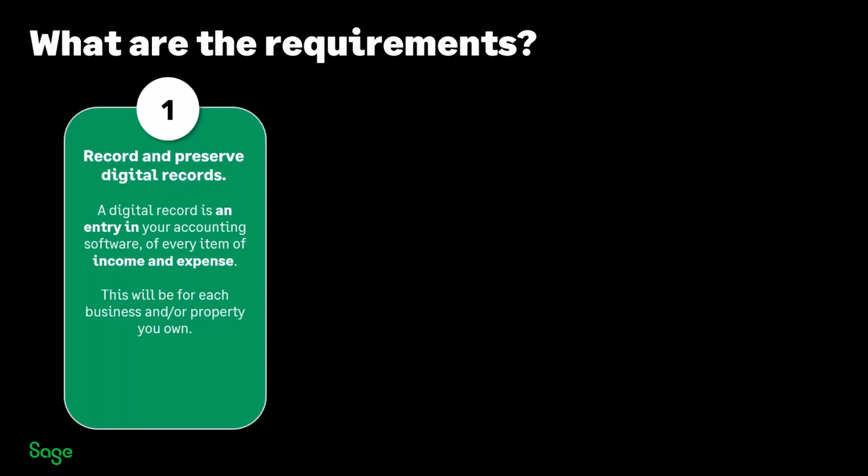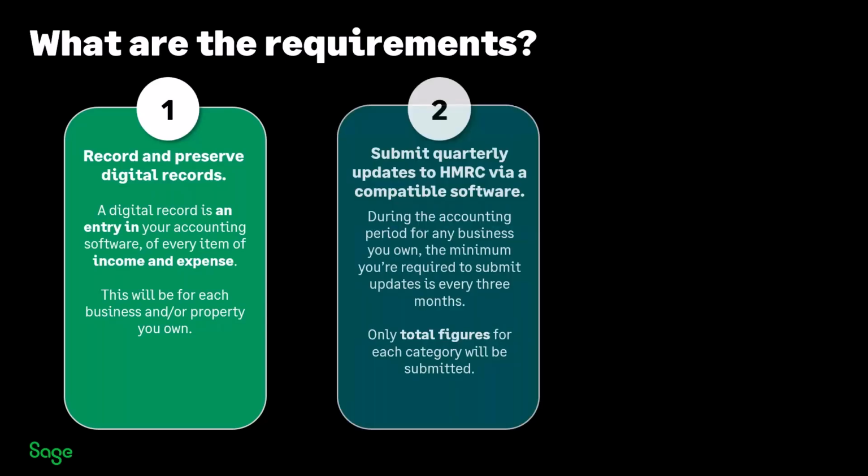You just need to make sure that when you're recording for each business or each property that you own, you're selecting the right nominal codes. Secondly, the quarterly updates. These are just going to be the totals for each category, which, if you've entered into the software already, will be calculated and added together for you.